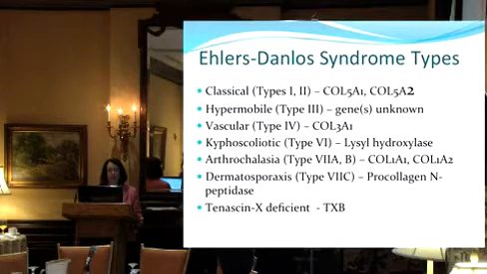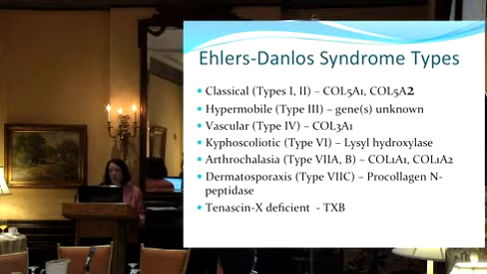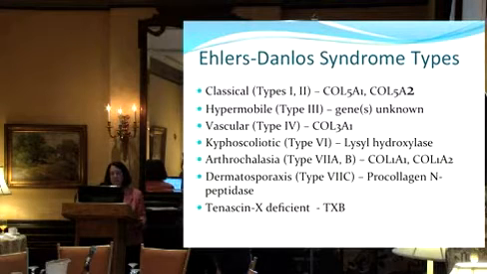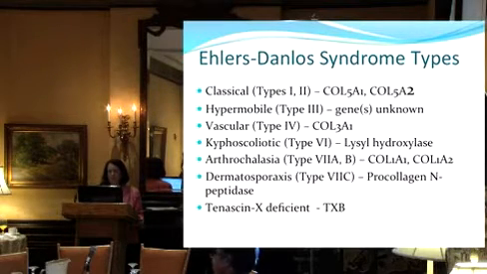But there are definitely patients and families in whom the classical type is present who have a gene other than the collagen 5 genes, and that gene or genes has not yet been identified. The genes involved in the hypermobile type, which used to be called type 3, are unknown. The vascular type involves type 3 collagen, which is the major collagen of the blood vessels.